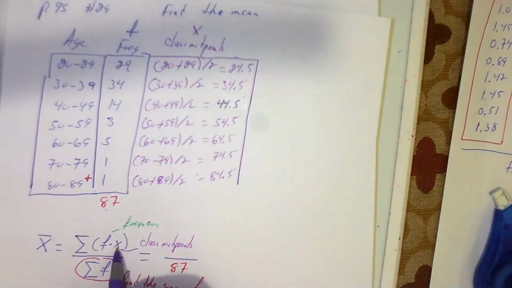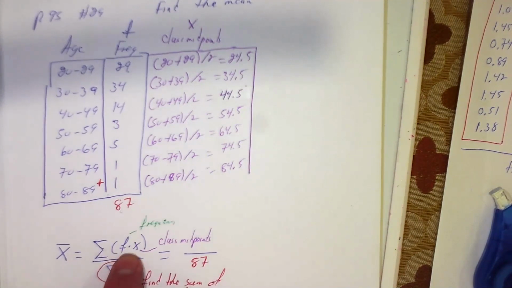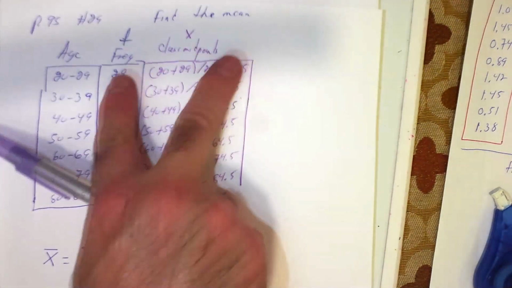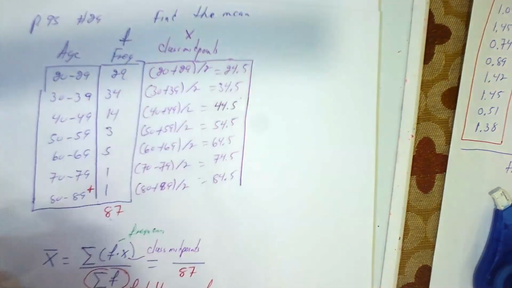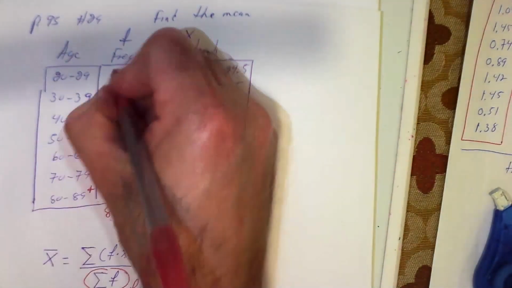So I did the X. I got the X, I got the F. What do my parentheses tell me to do? I'm going to multiply these two numbers. I'm going to circle them so I don't lose track. This one times this.